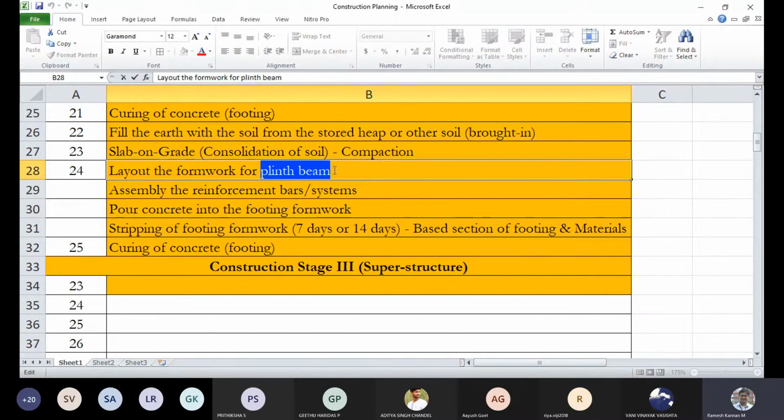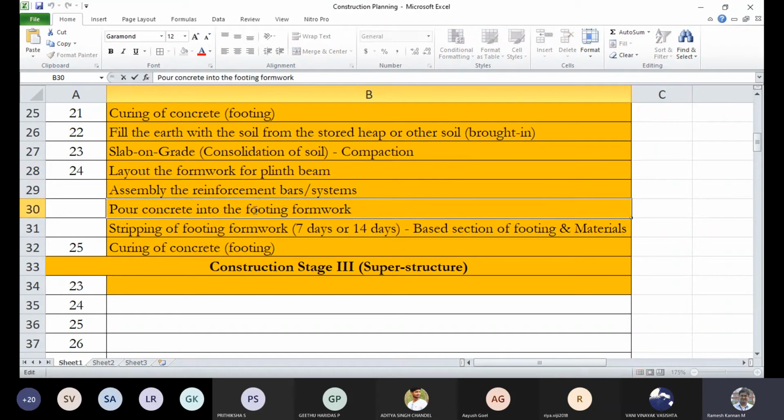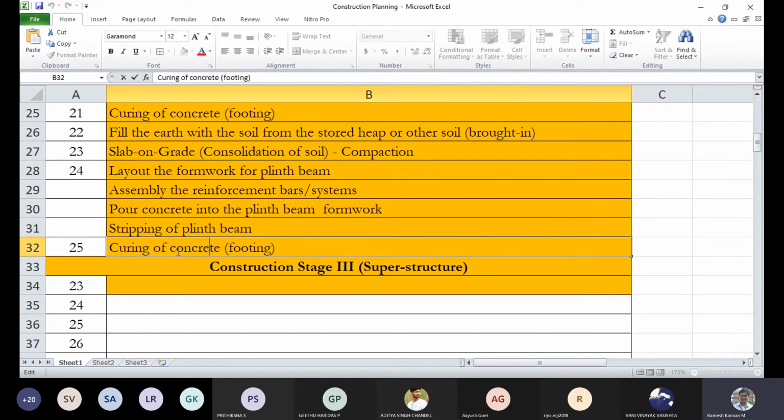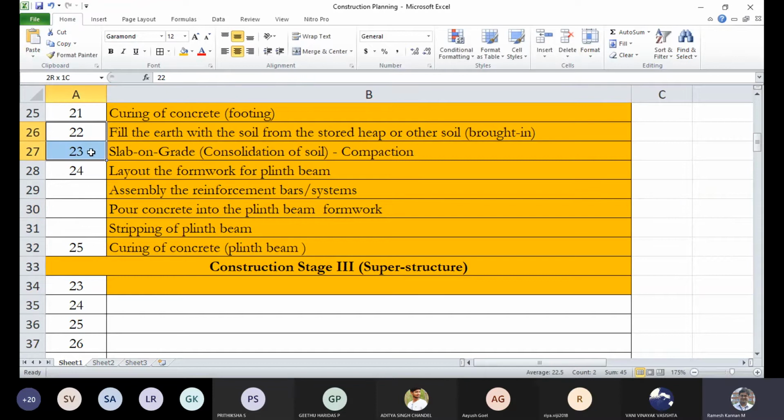Then instead of footing, I'll just change this to plinth beam. Then curing of concrete, plinth beam. So probably this completes that.